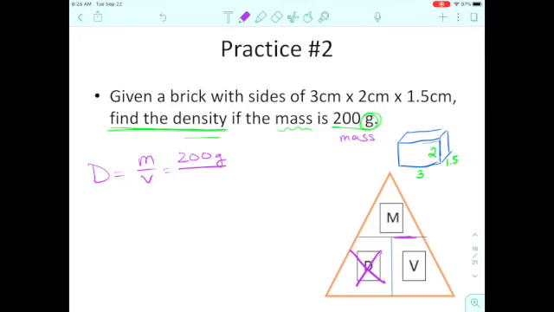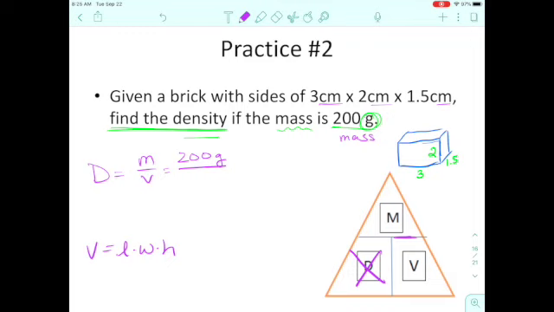Now, I don't see anything with centimeters cubed or milliliters. I see centimeter, centimeter, centimeter, and I got a brick. So I know what I need to do is use volume equals length times width times height. I need to multiply those 3 sides together to get the volume of the object before I can find the density of the object.